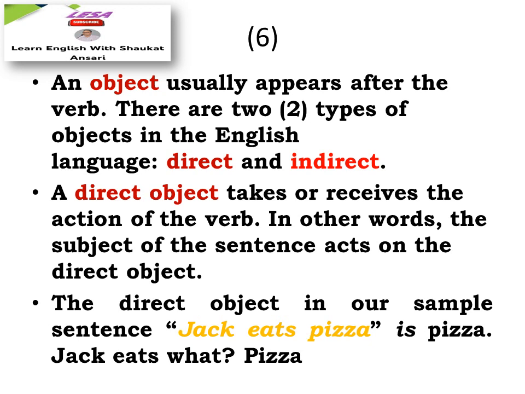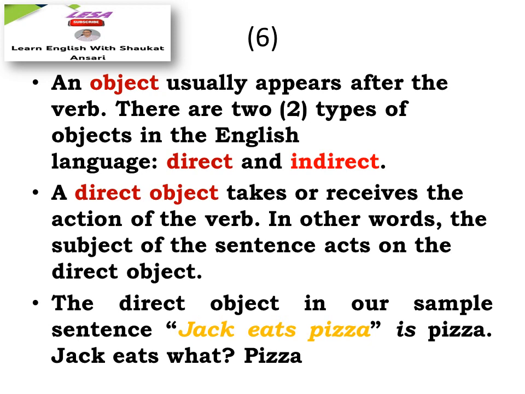An object usually comes after the verb. I mean the action verb, the principal verb. There are two types of objects in English language. The first is direct object and the second is indirect object.